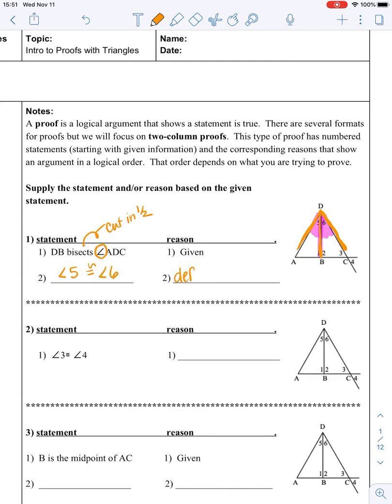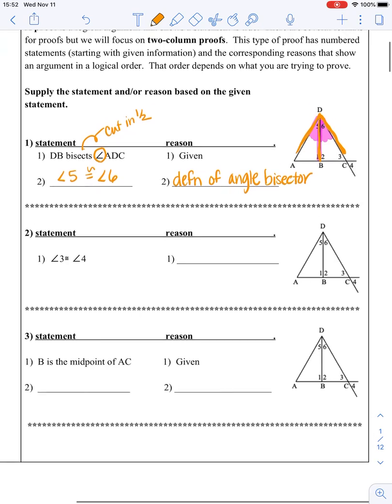Why do I know that? Because that is the definition of angle bisector. An angle bisector cuts an angle in half. So when I bisect an angle, I always get angles back.